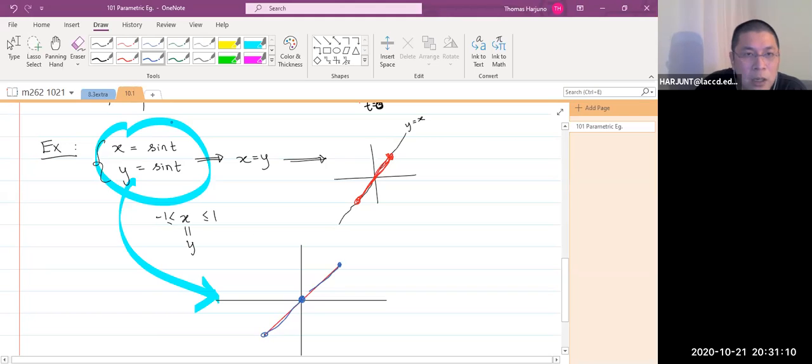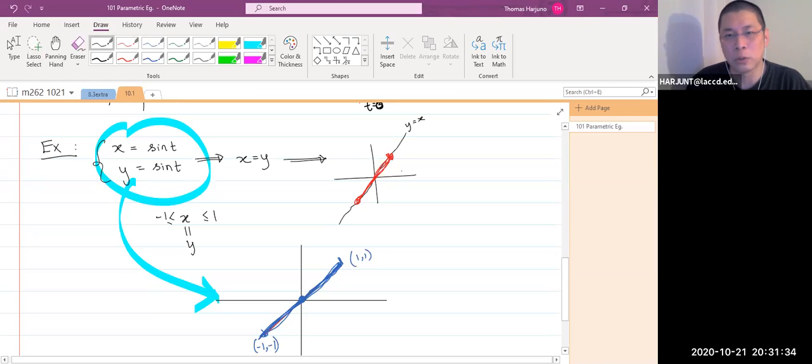So basically, this parametric equation will create a bug going back and forth this way. But it will not go past 1, 1, and will not go past negative 1, negative 1.